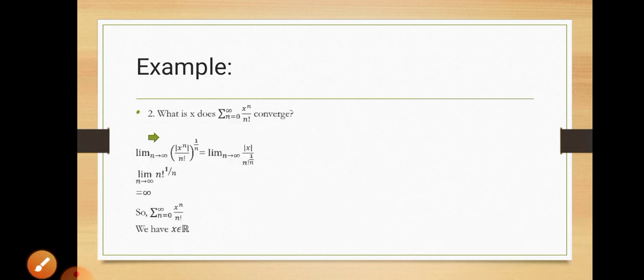So for example number 2, for what x does the summation of n equals 0 to infinity of x to the power of n over n factorial converge? For this kind of question, let's apply the ratio or root test with x in the series, treating it as just some constant.